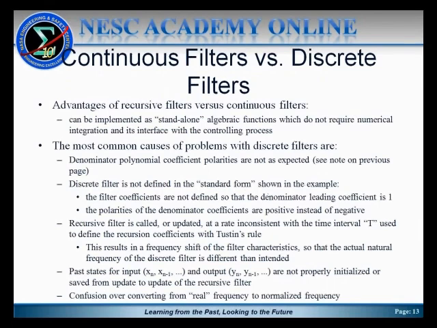Now, what's the distinctions and maybe advantages and disadvantages of continuous filters versus discrete filters? Well, one of the advantages of recursive filters, as I alluded to earlier, they can be implemented as standalone algebraic functions. And by standalone, I mean they don't require numerical integration, and I'll call it its interface with the controlling process.